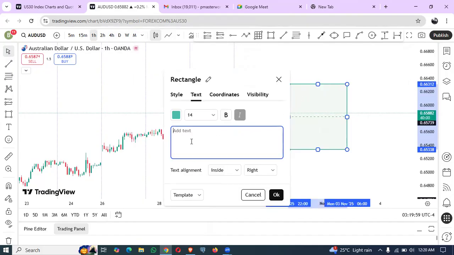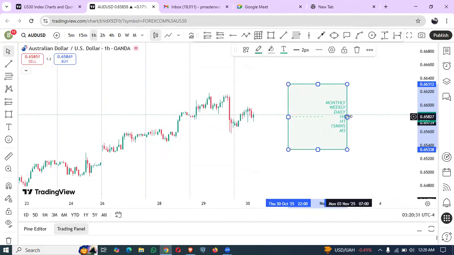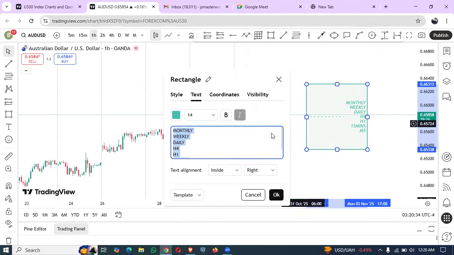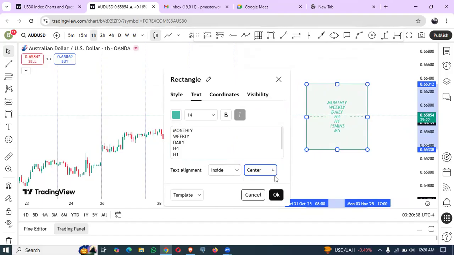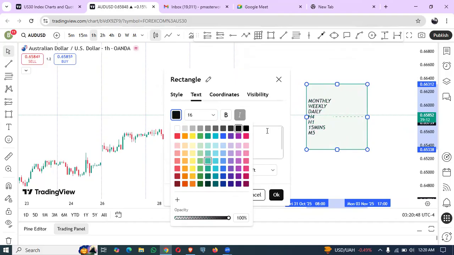I have the monthly, the weekly, the daily, the H4, H1, I use the 2 hour once in a while, M15, and the M5. So these are the time frames I use.